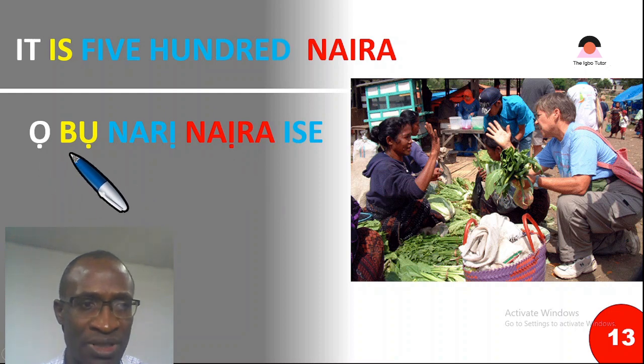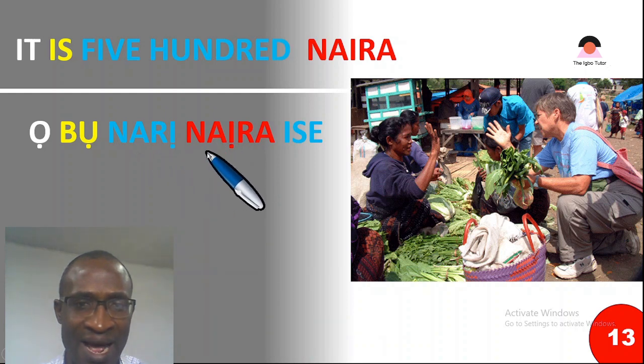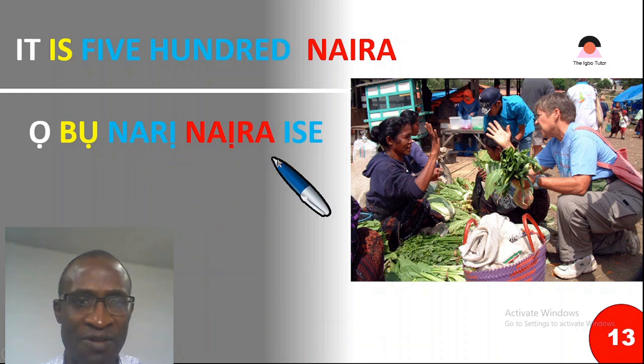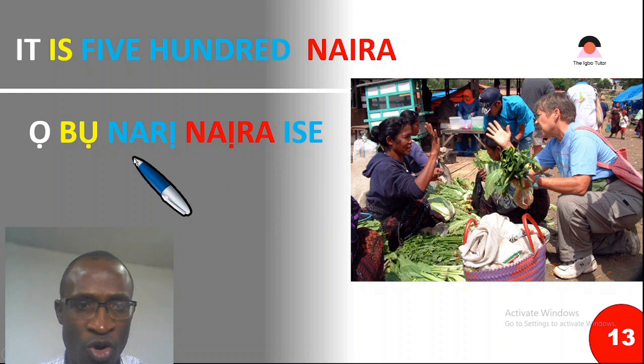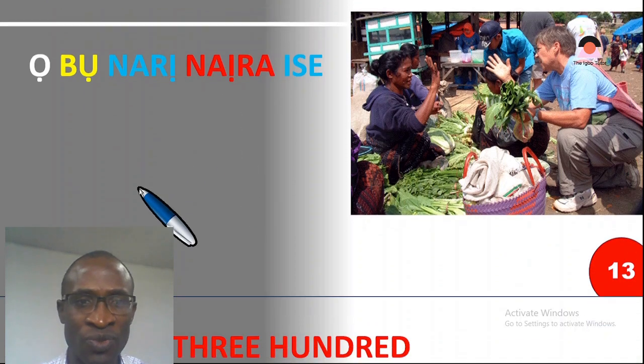So nari, that is 100. Ise is 5. So nari ise is 500. But naira has to come in between. Nari naira ise, that is 500 naira. Don't mind the way it is arranged. But it's nari naira ise. That's how we pronounce it. Let's move on.